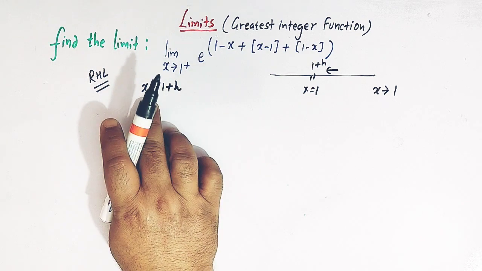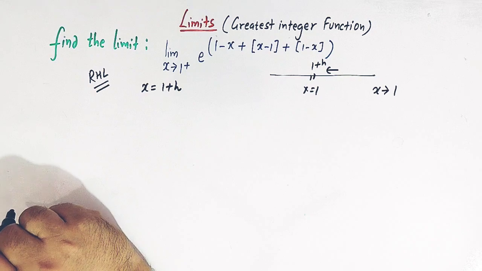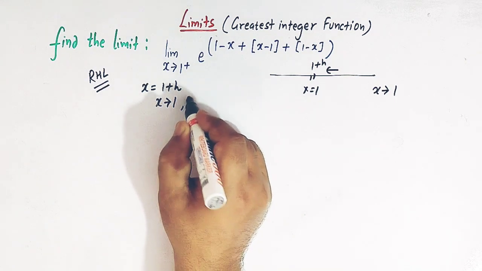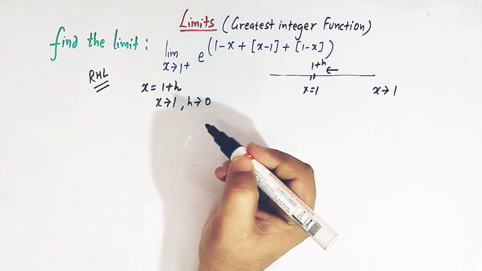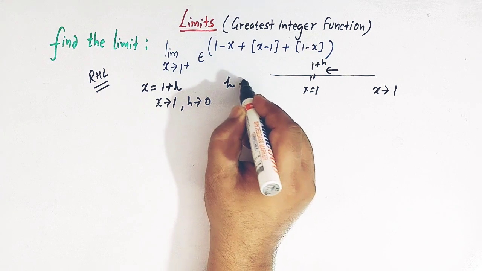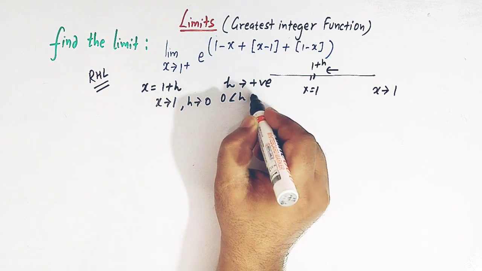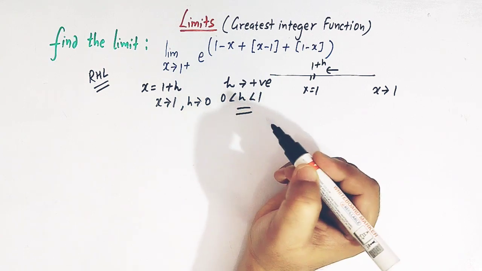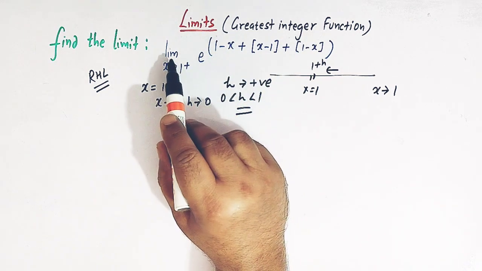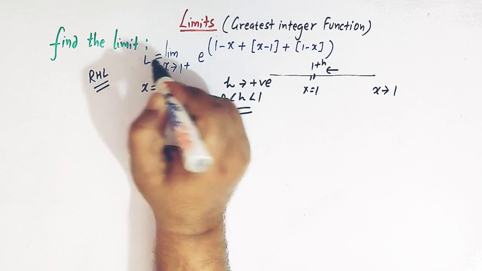We'll make this substitution where h is a very small quantity, and when x approaches 1, then h approaches 0. And here h is a positive quantity, and moreover h lies between 0 and 1. So we'll make use of these results to get the value of this limit. So let us call this limit as L.